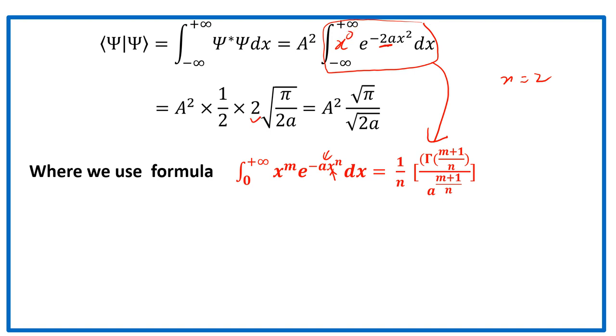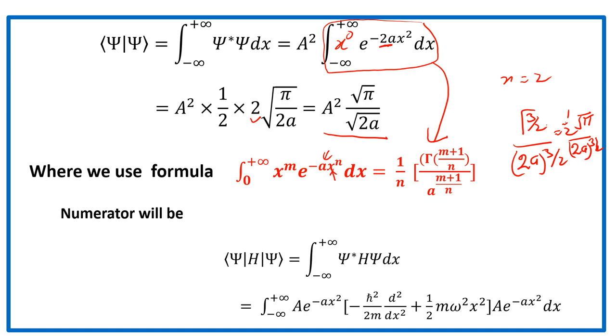So it is 1 by n, 1 by 2, gamma((m+1)/n), that is gamma(3/2), upon (2a)^(3/2). Gamma(3/2) is equal to 1/2 root pi. So after calculation, the value is A^2 under root pi upon root 2a.